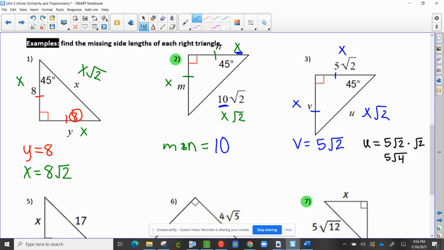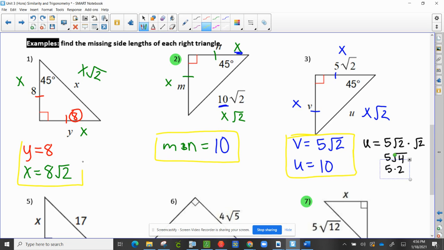Well, the square root of 4 is 2. So u ends up being 5 times 2, which is 10. Sometimes you have to do a little bit extra algebra to find the missing side lengths. But again, it's always going to follow that same pattern, where the two legs are your x values, and the hypotenuse is always labeled as the x root 2 side.